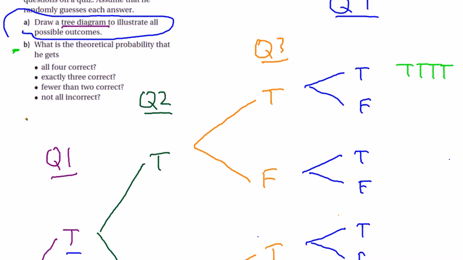So let's make it easy for ourselves, and we'll say that getting all 4 true would be all 4 correct. So true, true, true, true is going to be the only correct option. Any other outcome is not going to be correct.